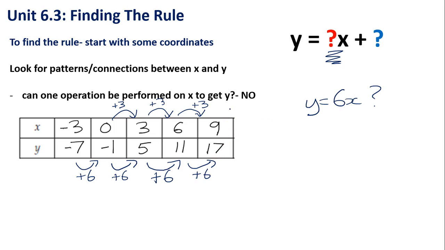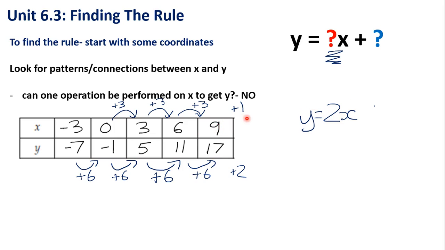So it's not 6x, because we want to know how much is just 1x worth for the y coordinate. So we need to divide this by 3. So as x goes up by 1, y would go up by 2. So it's not y equals 6x, but y equals 2x. So let's try that.